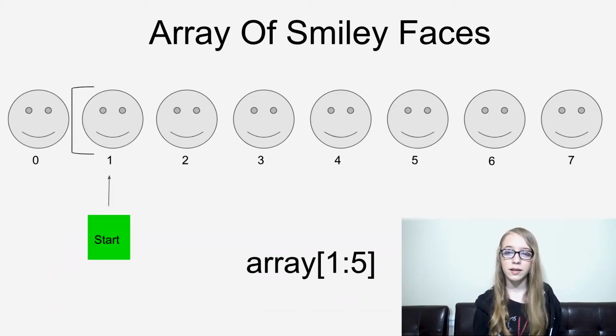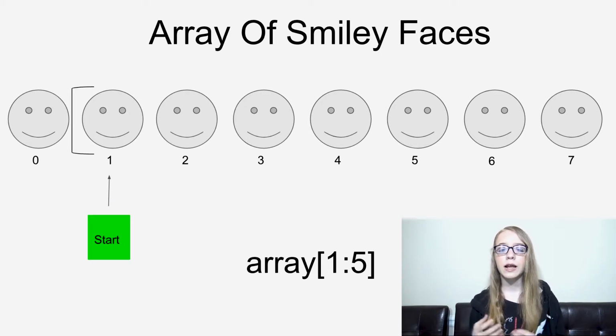At index 1, that index is equal to our starting index, which is 1. So our subset begins. If you remember at the beginning, I said that the starting index was inclusive. You can see here that the starting index being inclusive means that the item at that index is included in the subset.